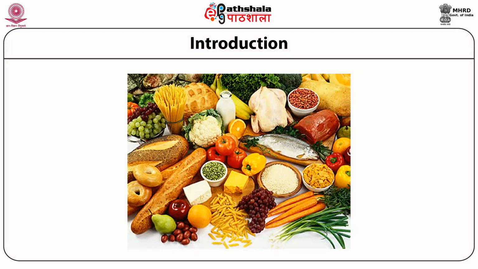Our body requires diverse types of food to carry out a variety of functions, to maintain the various metabolic activities and to sustain growth. We can classify food largely into carbohydrates, protein foods and fat foods.